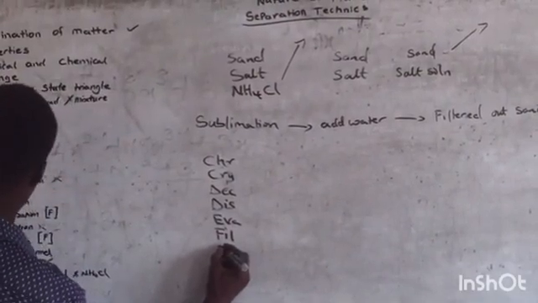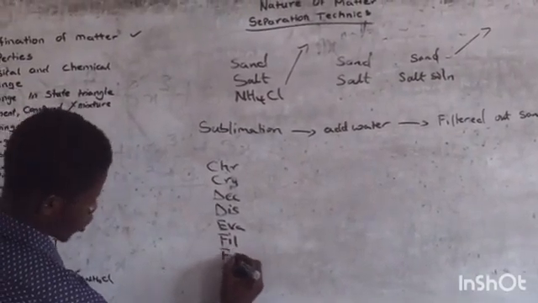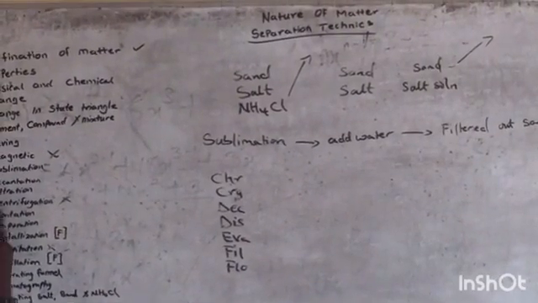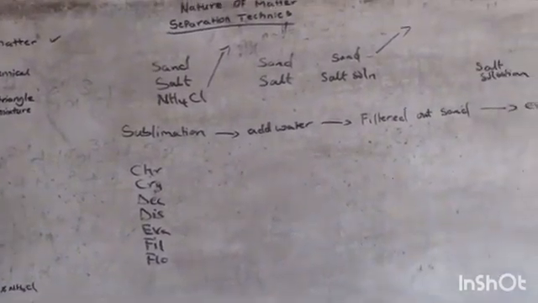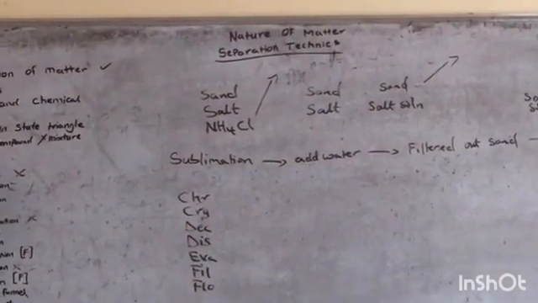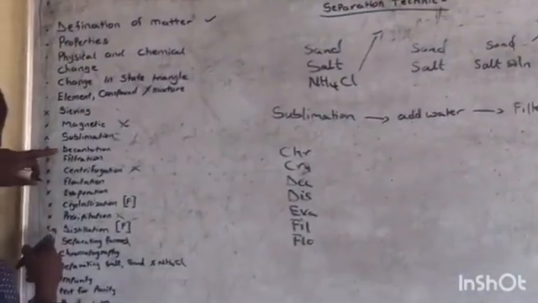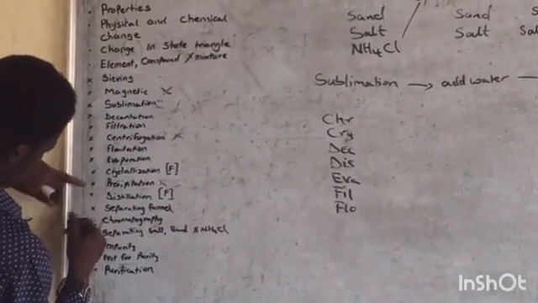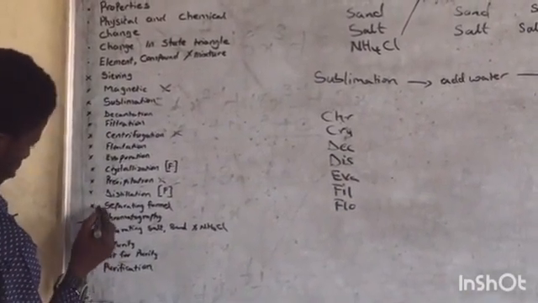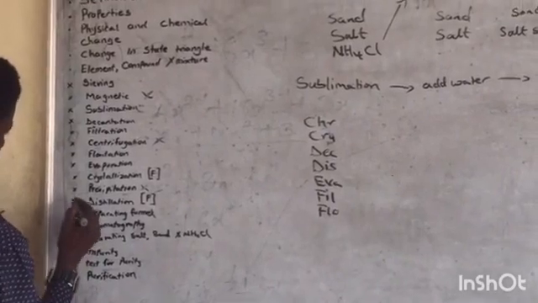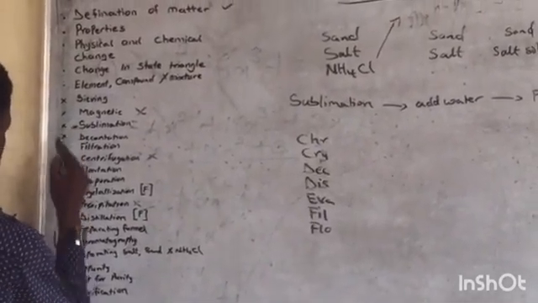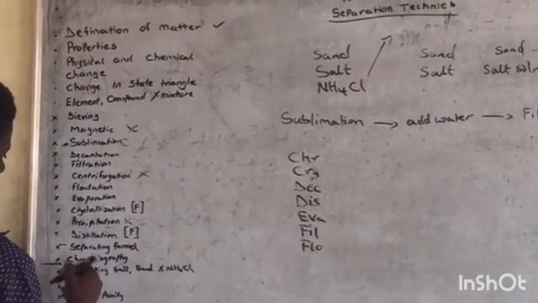I'm trying to manage these things here. Then flotation. Then we continue to P, Q, R, S. What are we left with? We're left with separating funnel and sublimation.